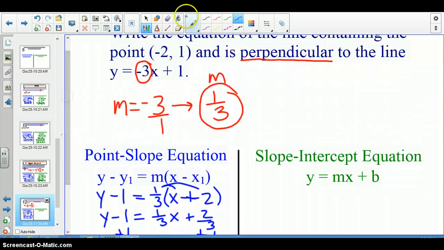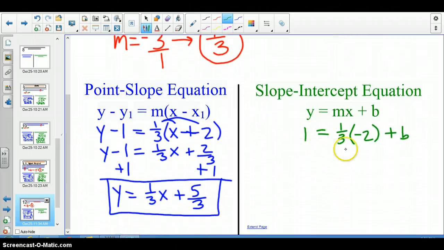So now, lastly, I'm going to do it in slope-intercept form. So my y is 1, my slope is 1/3, my x is negative 2, plus b. So multiply on the right side, so I get negative 2/3 plus b. Add 2/3 to both sides.